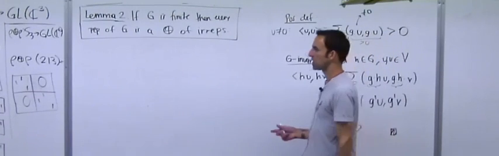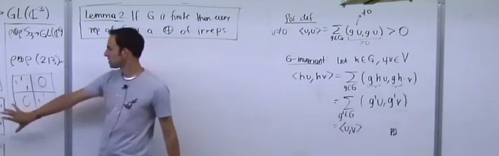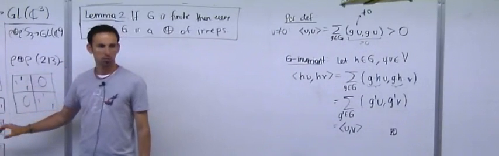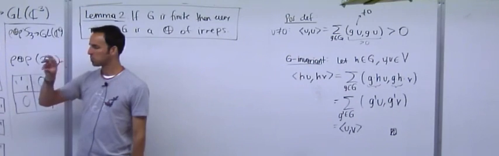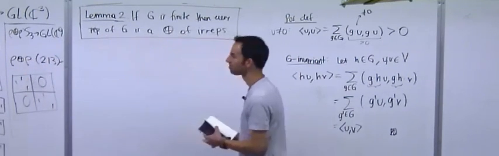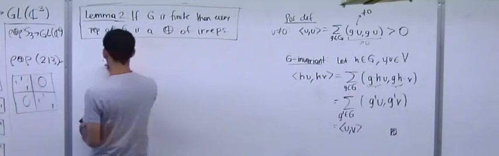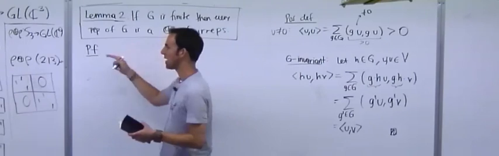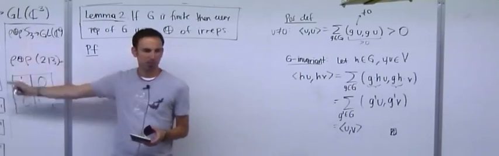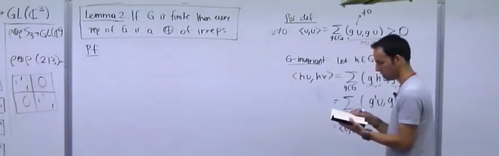So for example, what that means is that we already saw that this one is not irreducible. And so I'm claiming that you can split it up into irreducibles. So what I'm going to do is give you a proof for this fact, and while giving you a proof of this fact, I'm going to show you how to carry it out in this special case.